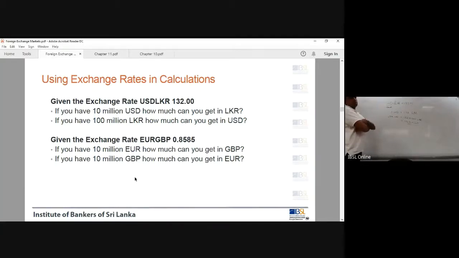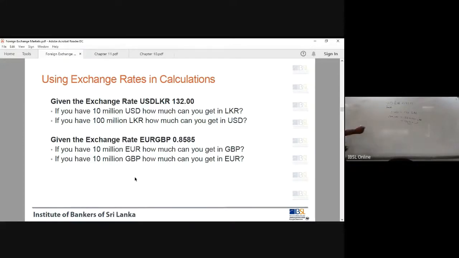Then next question, if you have 100 million rupees, how much can you get in dollars? 100 million rupees in dollar terms should be more than 100 million dollars or less than 100 million dollars? It will be less than 100 million dollars because the dollar is strong, right?